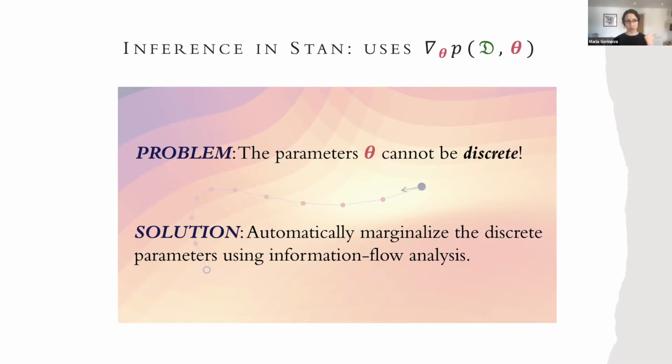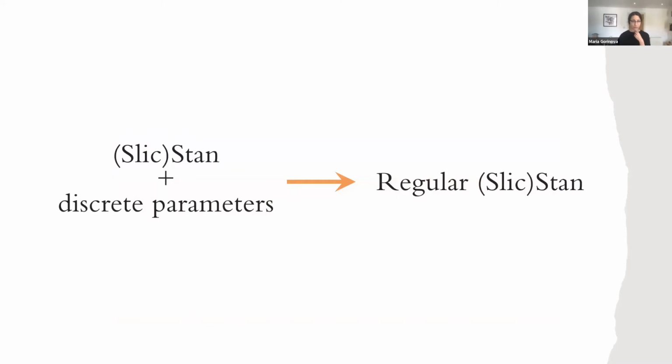Can we automate it with some sort of program analysis so that we don't have to do this? So basically, the whole idea is take Stan, or actually Slick Stan, with allowed discrete parameters explicitly in the language, and translate this to regular Stan, where they're marginalized out automatically.